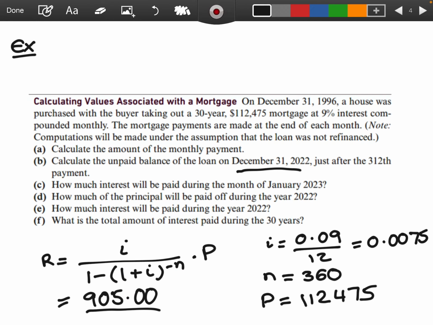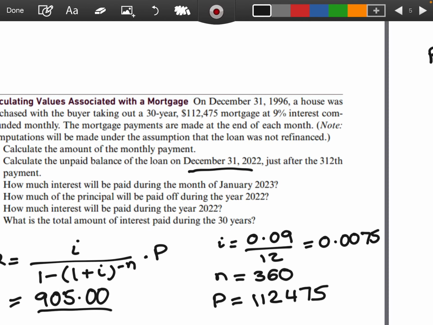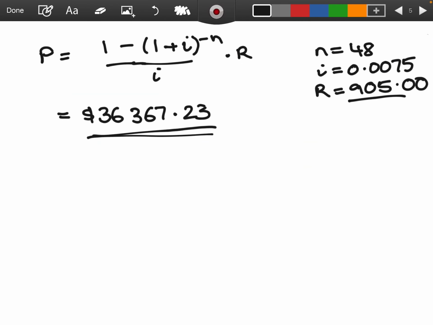So we found out that after our payment in December of 2022, we still have $36,367.23 left to pay off. So during the next month, I'm going to accrue interest on that amount. How much interest am I going to accrue on that? Well, I'm going to accrue 0.75%. Remember this is as a decimal, so it's 0.75% of this amount that is accrued that month.